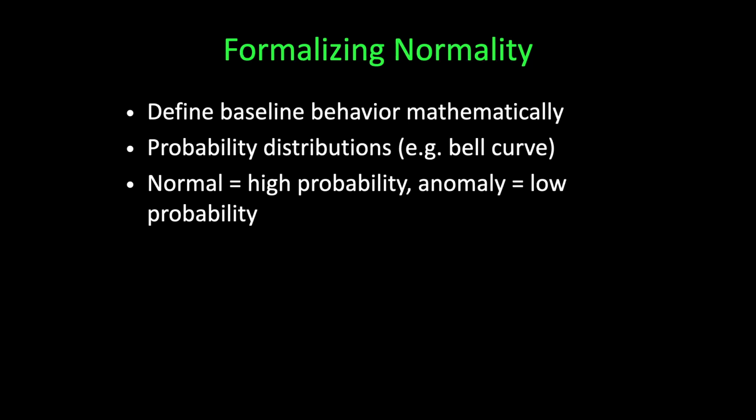If you've taken a statistics course, you might remember the bell curve or other distributions, where values cluster around the mean, around the average, with fewer values appearing farther outside in the tails. Under this model, something that falls very far out on one of the tails has a very low probability of being generated by the same process. That low probability is our flag. This might be an anomaly.